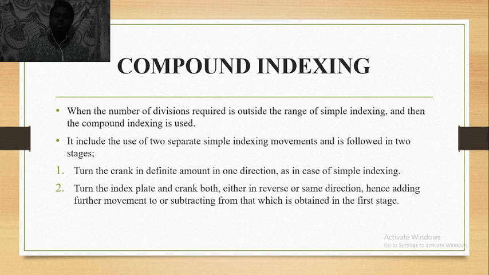But in compound indexing, we rotate both the index plate and the crank, and it can be in the same direction as well as in the reverse direction. If both the plate and the crank rotate in the same direction, it is positive, and if they are rotated in opposite directions, it is said to be negative.